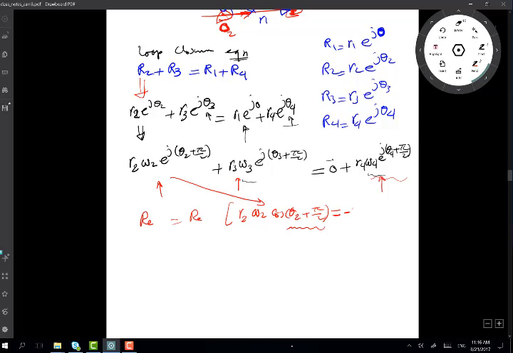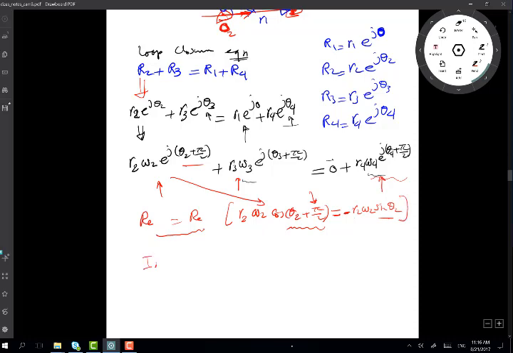So this will be minus R2 omega 2 sine theta 2. So for the real part, I get a negative sine of each angle. Even though real means cosine of the angle, because I have 90 degrees added to the angle, the cosine becomes minus sine of the angle itself. That's one thing I want you to be aware of.